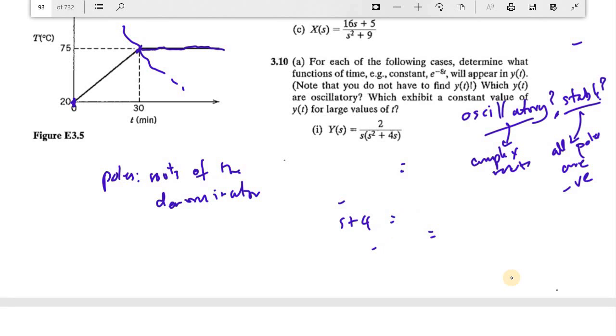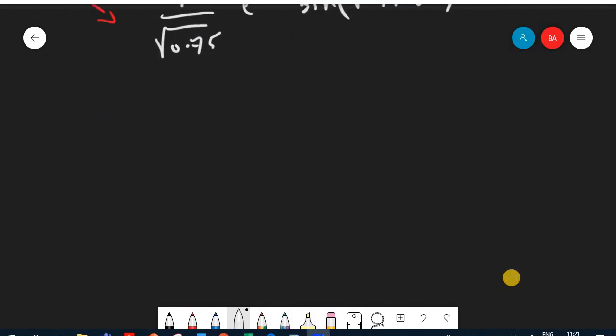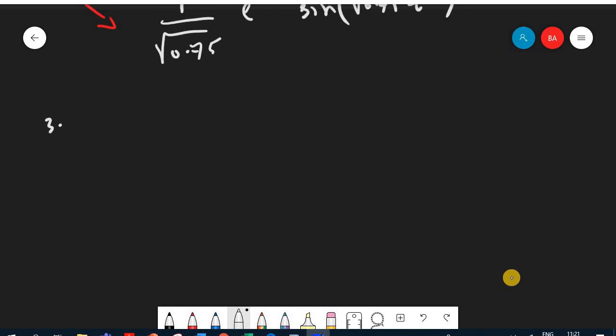Someone else would say that, well, if I have Y of s, let me do that on the whiteboard. In 3.10 we have 2 over s into s squared plus 4s. So instead of finding only the roots, I'm going to use partial decomposition.